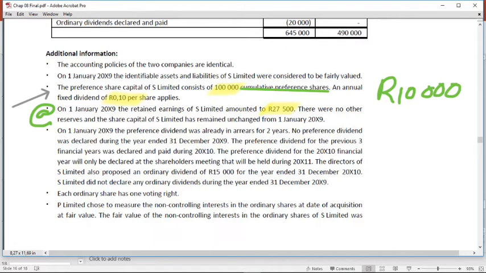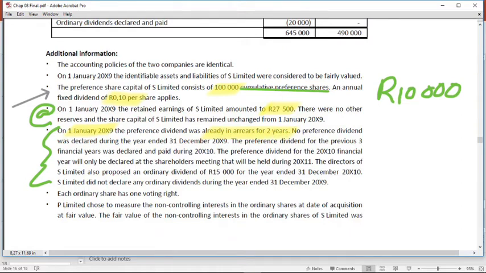Now this information is what we're going to focus on because that's where the big difference comes in compared to example 8.1. On 1 January X9, at acquisition date, this preference dividend was already in arrears for 2 years.